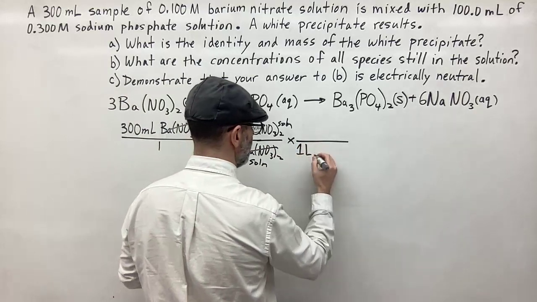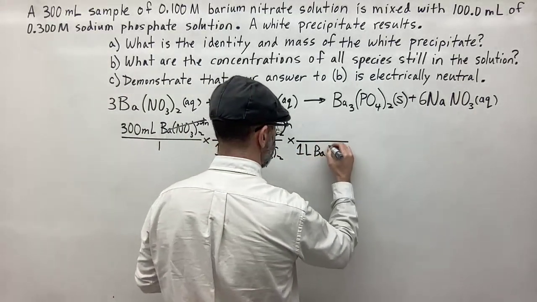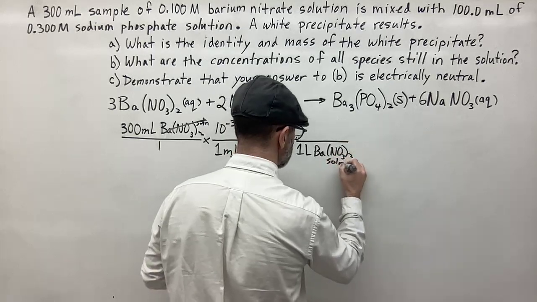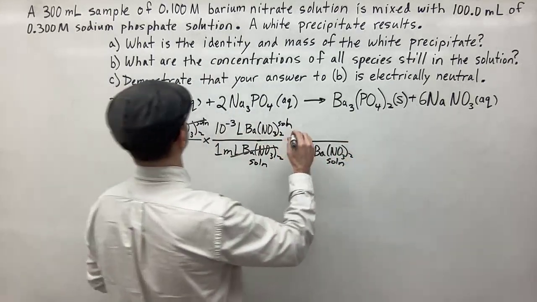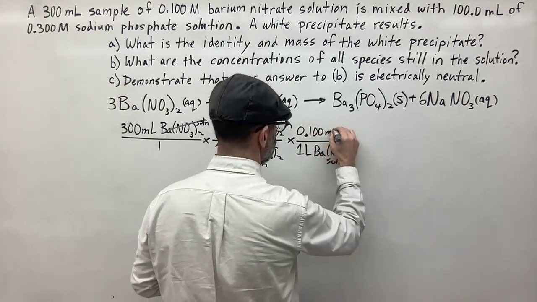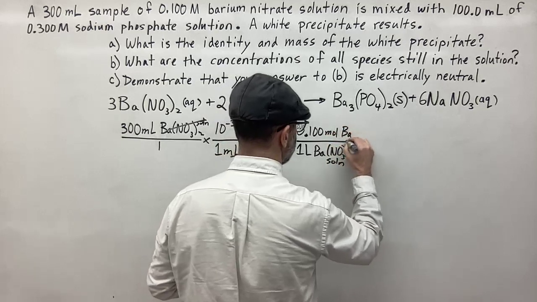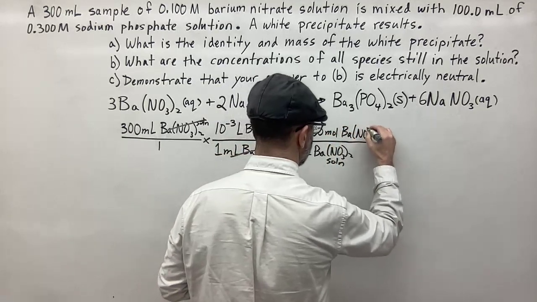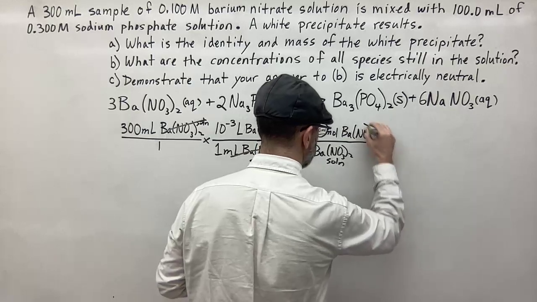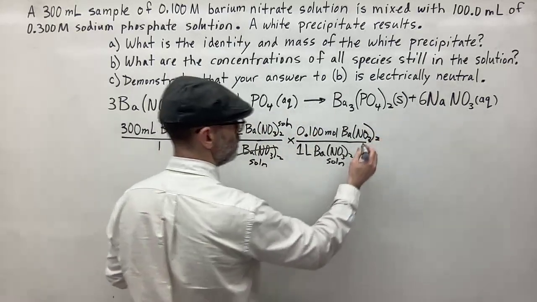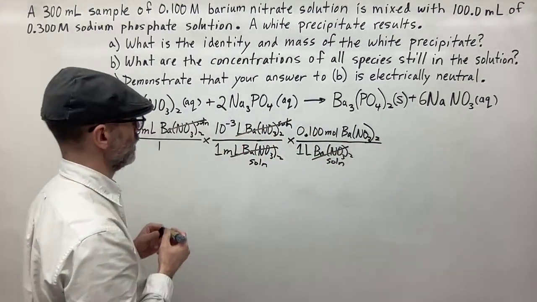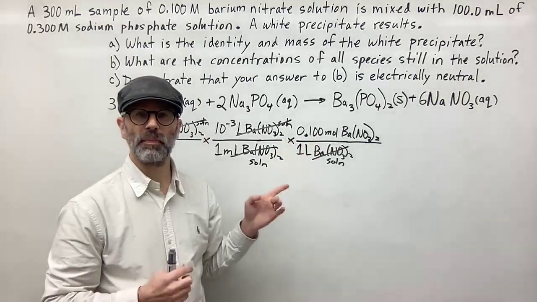So 1 liter of barium nitrate solution is going to give me 0.100 moles of barium nitrate. So liters of the barium nitrate solution cancel out. Now I have moles of barium nitrate.